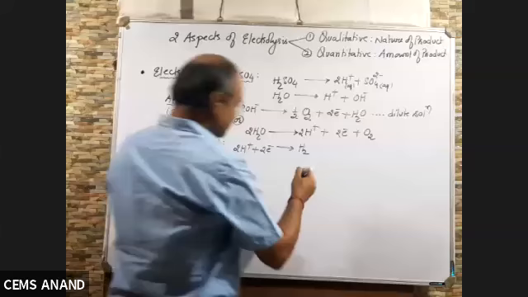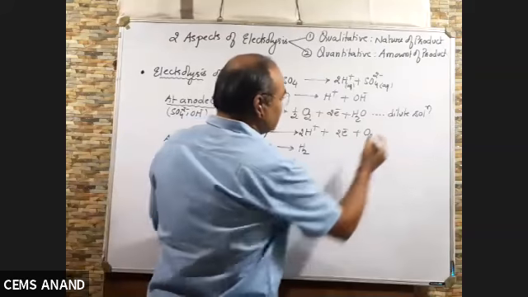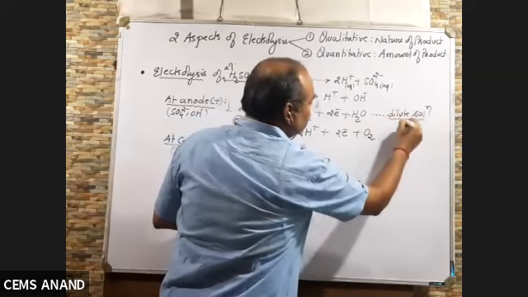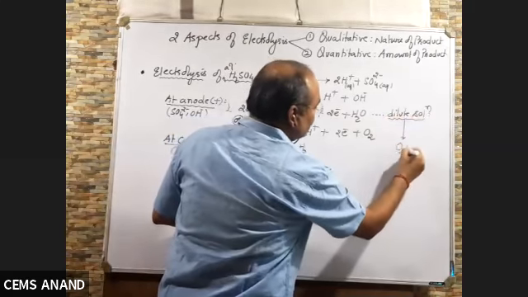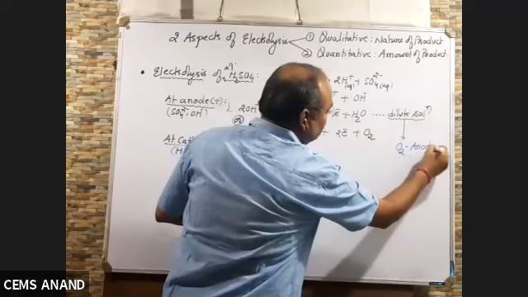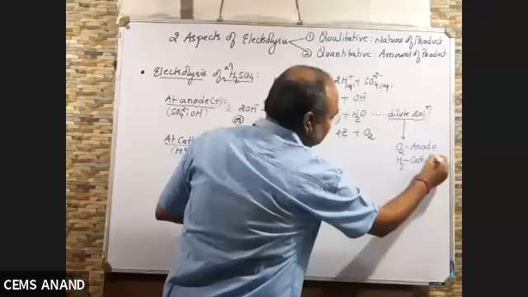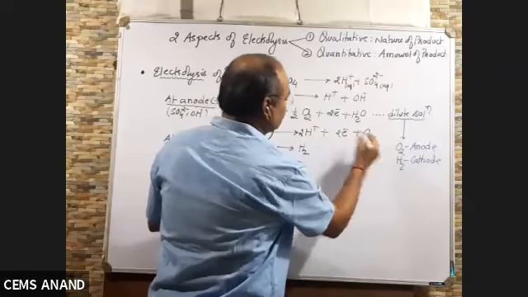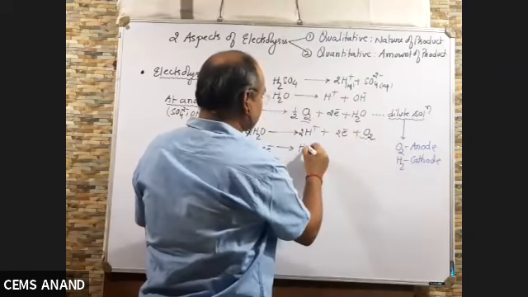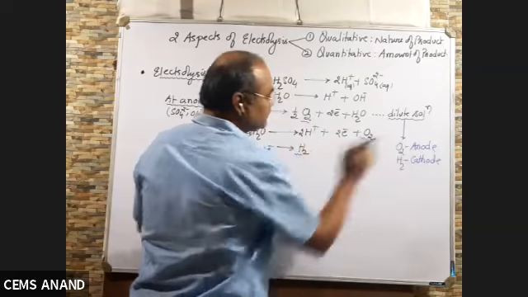So in case of dilute solution, O2 is obtained at anode and H2 is obtained at cathode. See here, O2 at anode and H2 gas at cathode.